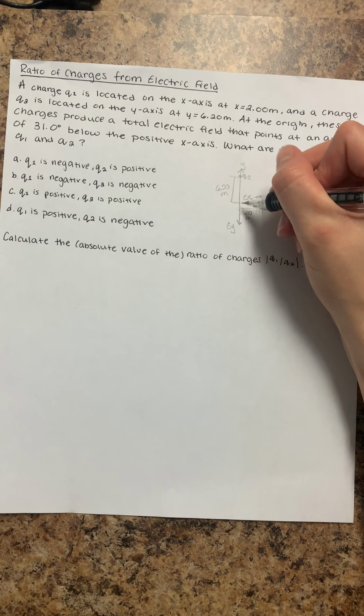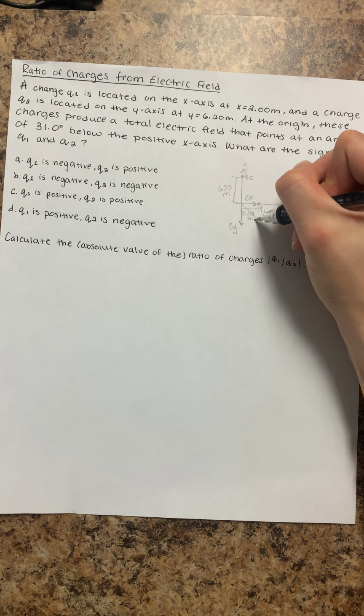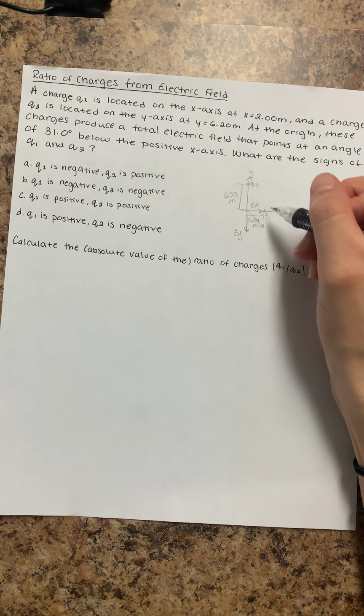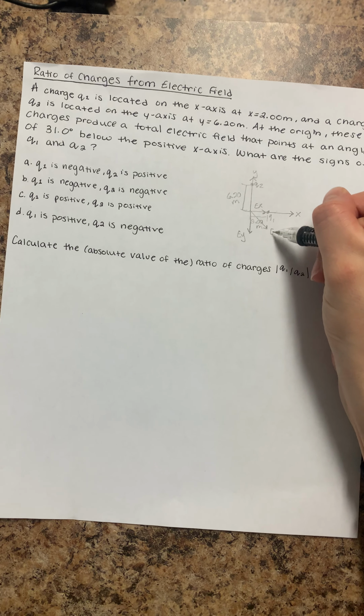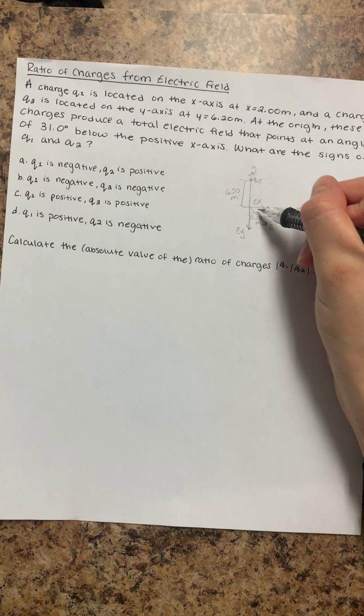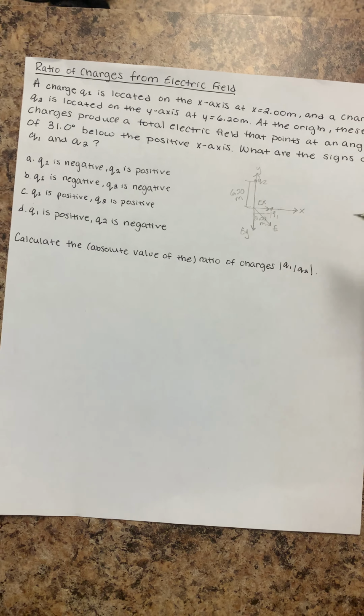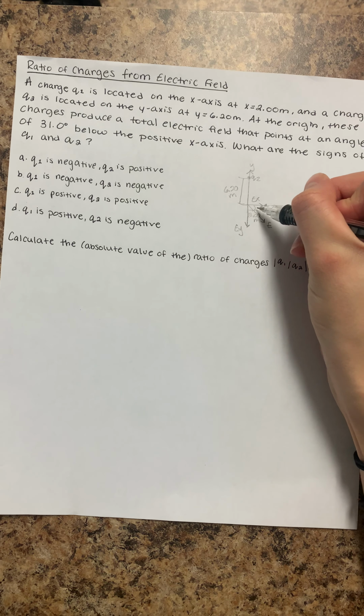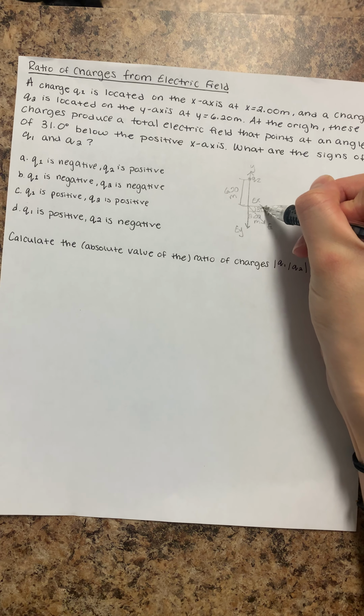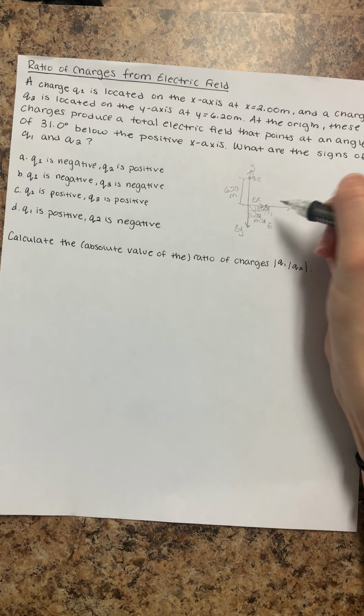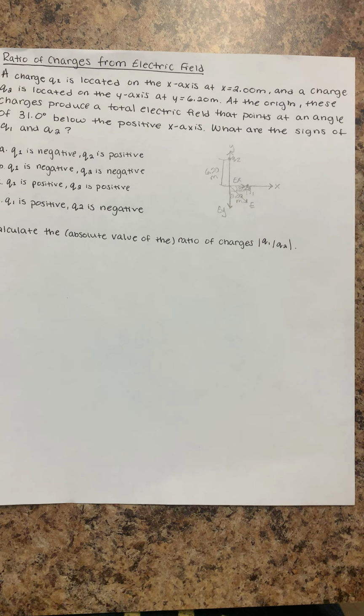And then we have our total electric field going this way. We'll just call that E. And we know it's below the x-axis because theta was given to us. We'll call this theta, it's 31 degrees below the x-axis.